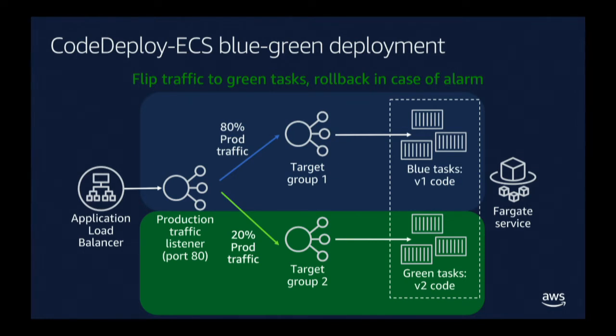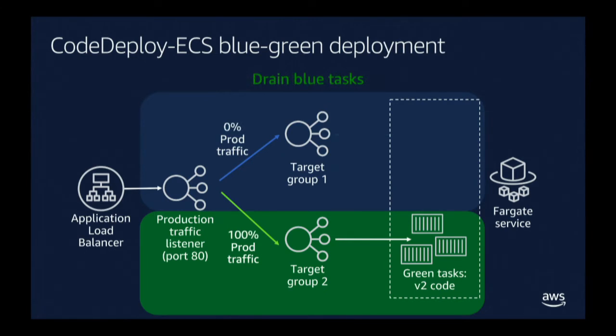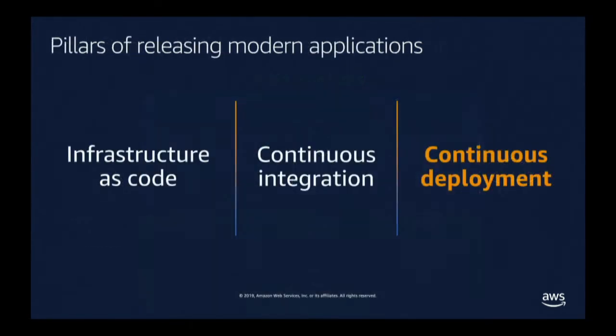If there is no customer call, if all the metrics look okay, you can gradually increase the traffic until 100% goes to the V2, and at that time you can delete the infrastructure for V1, because remember you have scripts to automatically delete infrastructure, so you can delete that cluster of your V1 infrastructure. Of course, you have to take care of draining the blue tasks so that there is no more active connection to the blue version. So that's continuous deployment with CodeDeploy.